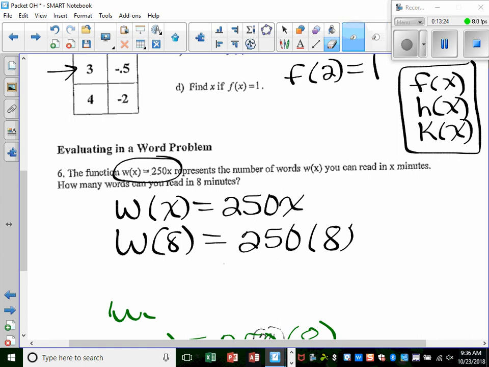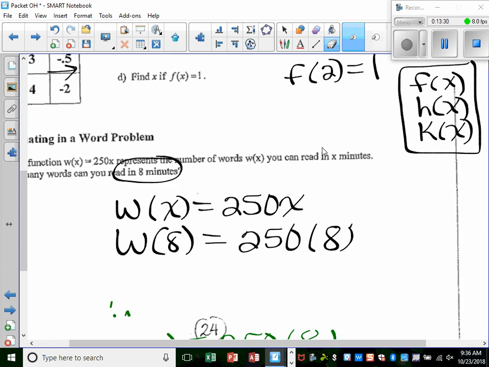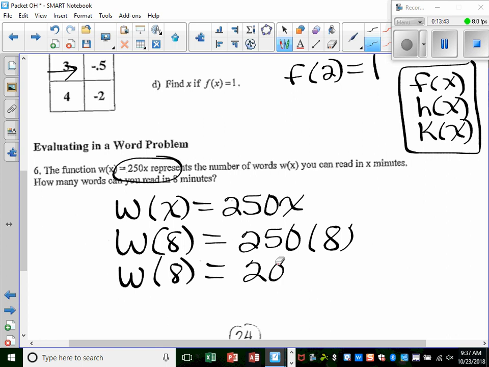This is in the form of a word problem, but basically you're taking 250 and multiplying it by 8. So how many words will that be? 2,000 words.